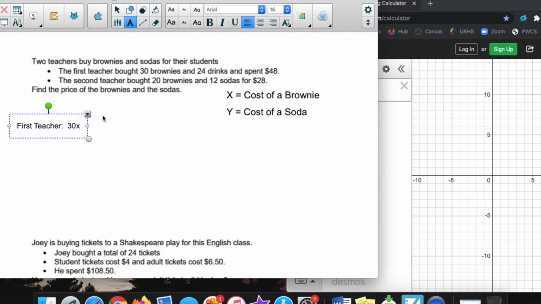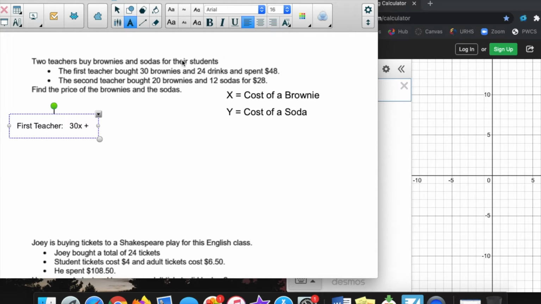So if brownies were $2, the 30 brownies she bought times $2 each would be $60, and that would be more than she spent, so it's not $2. But yeah, we can represent that with 30x.